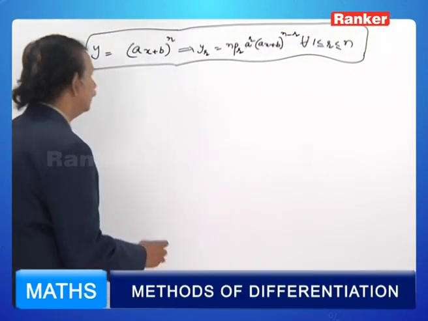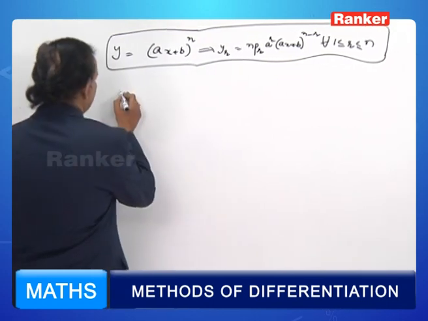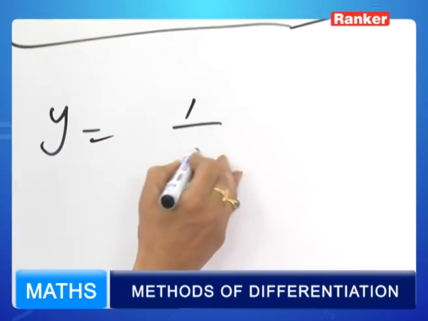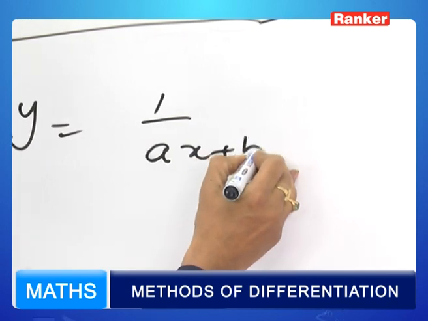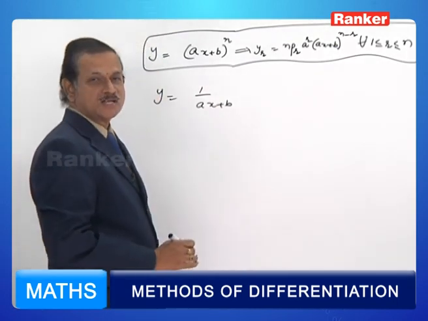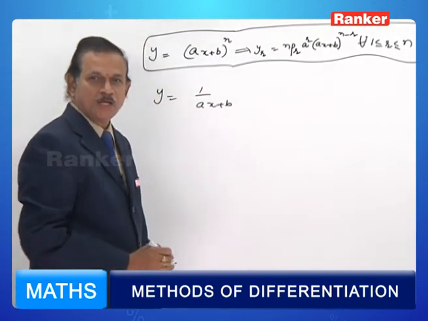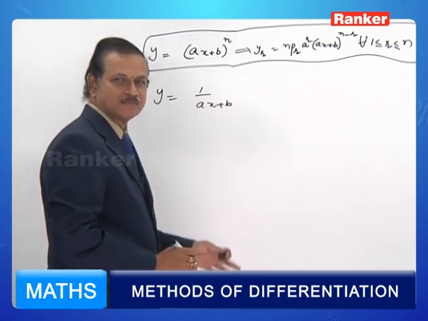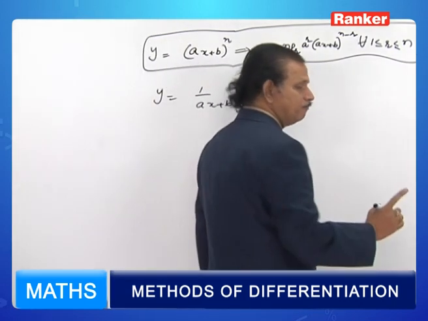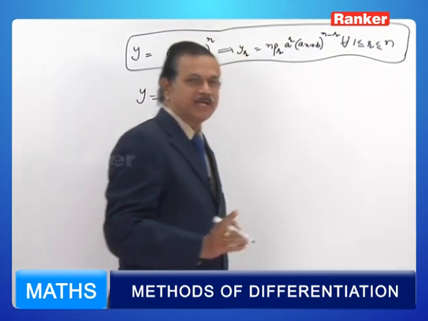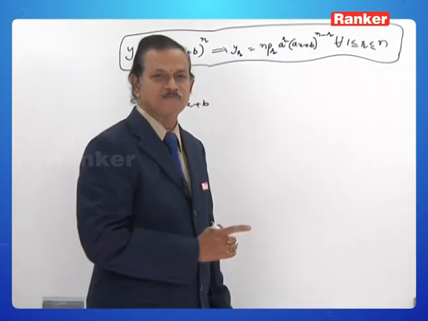One more thing we like to observe is y is equal to 1 by ax plus b. To have the derivative successively for this function, you may have to recollect a beautiful formula from derivatives.